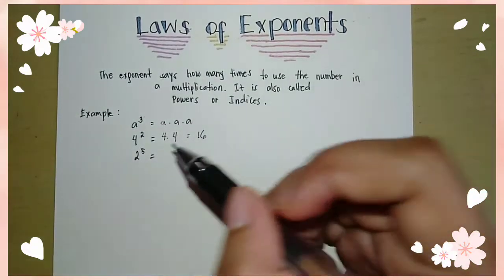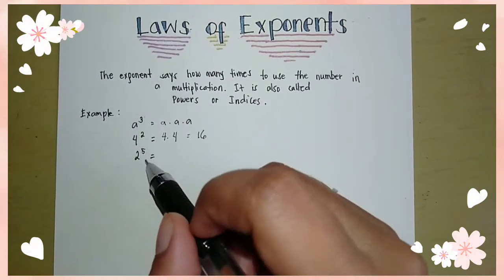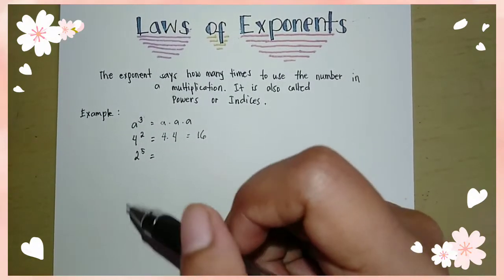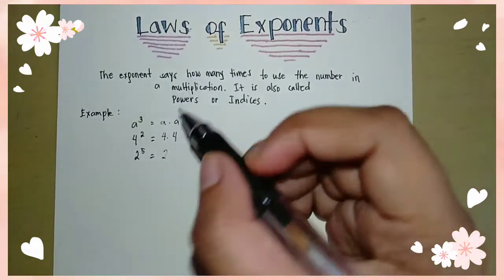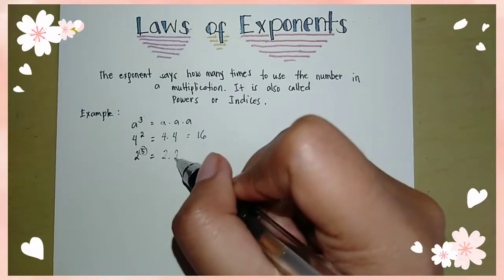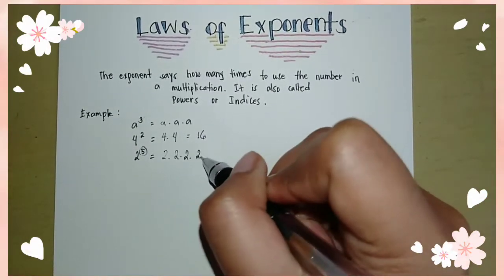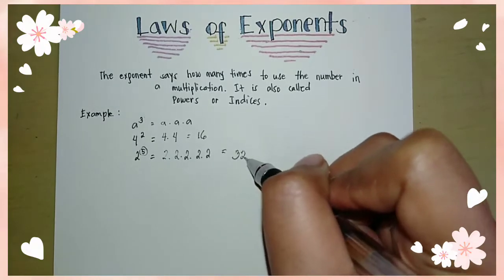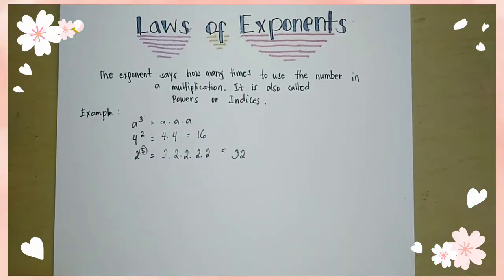Then, the next one, we have 2 raised to 5. And, of course, alam nyo na naman kung ano yung mga pwede nating itawag sa kanila. So, we have to multiply 2 5 times. Okay? 2 times 2 times 2 times 2 times 2 is equal to 32. Okay? So, ganun lang kasimple ang sinasabi ni exponent.